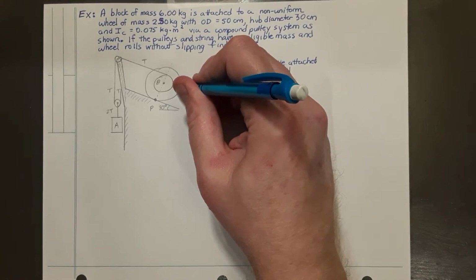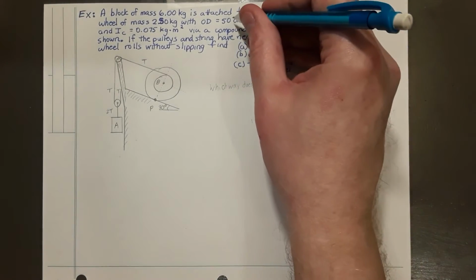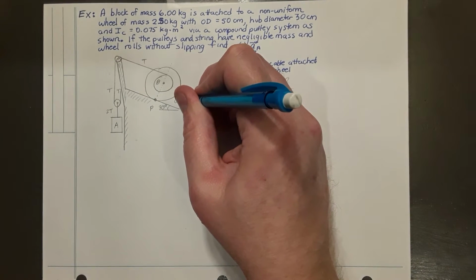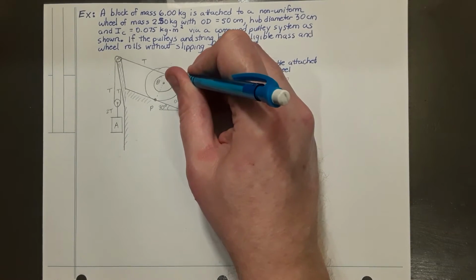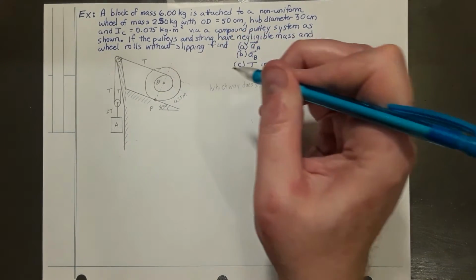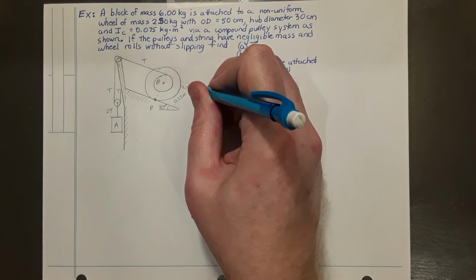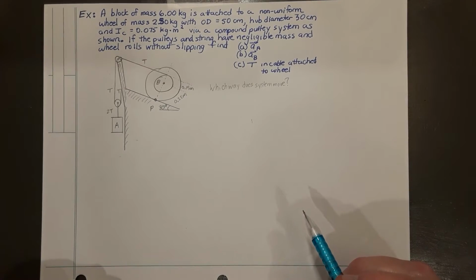And remember that we have been given the outer diameter of the wheel is 50 centimeters, so its radius is 25 centimeters, and the radius of the hub is 0.15 meters, half of 30 centimeter diameter.